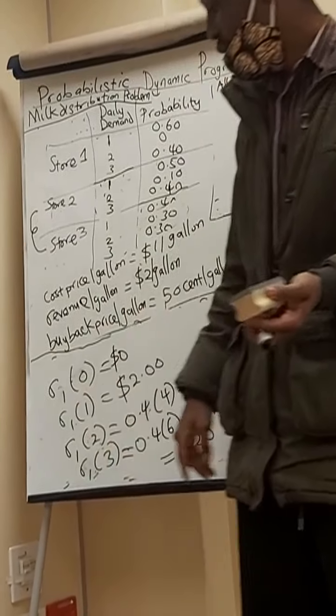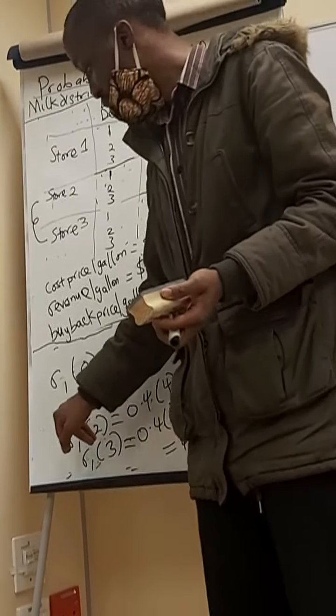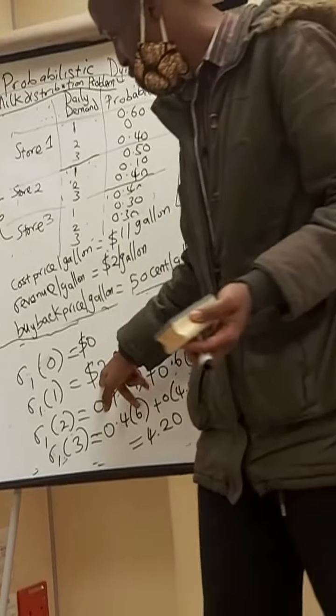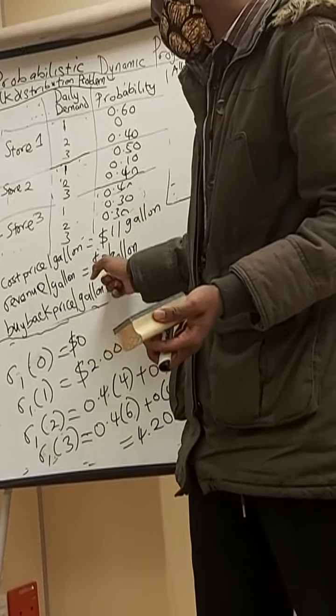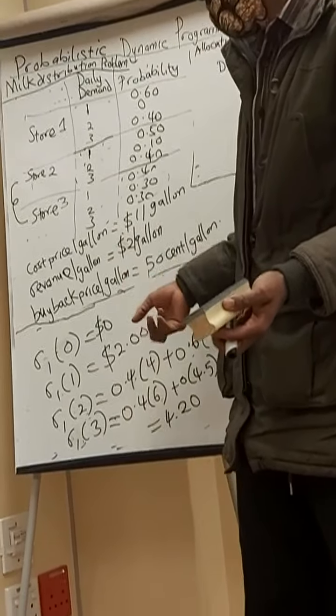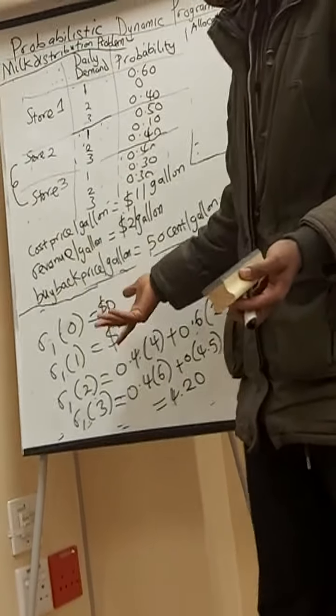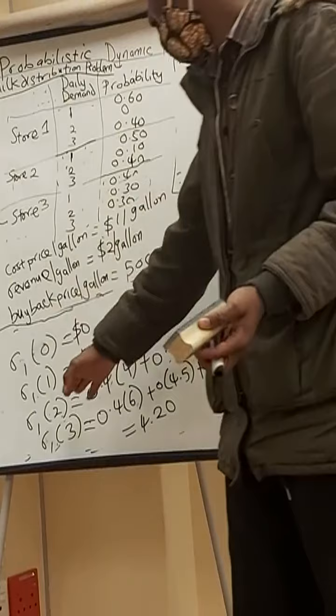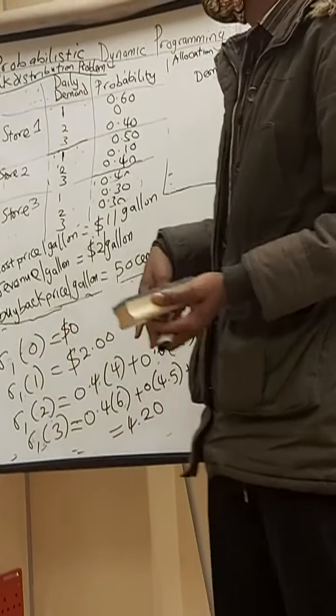Then if you allocate 1 gallon of milk to store 1, it's $2 per gallon, because I'm making $2 for 1 gallon. If you allocate 1 and there's a demand of 1 from the customer, you're going to get $2. But when you get to 2, that's when you need to go to your probability, going upward.